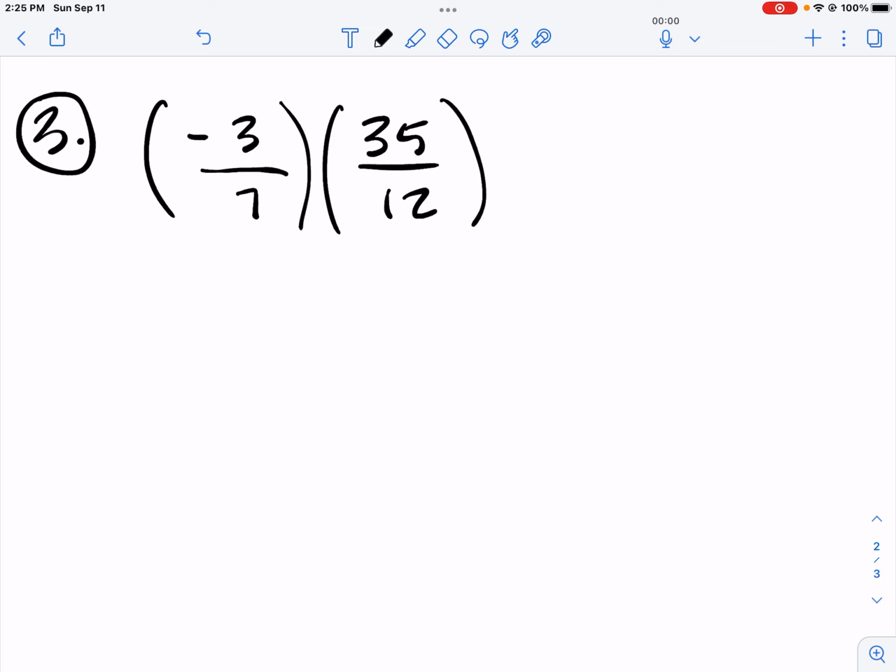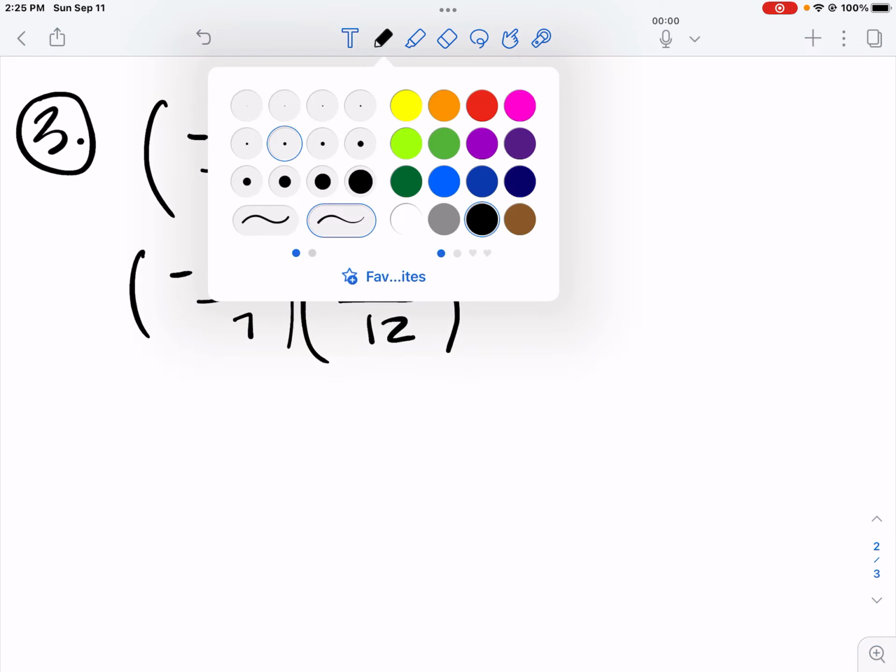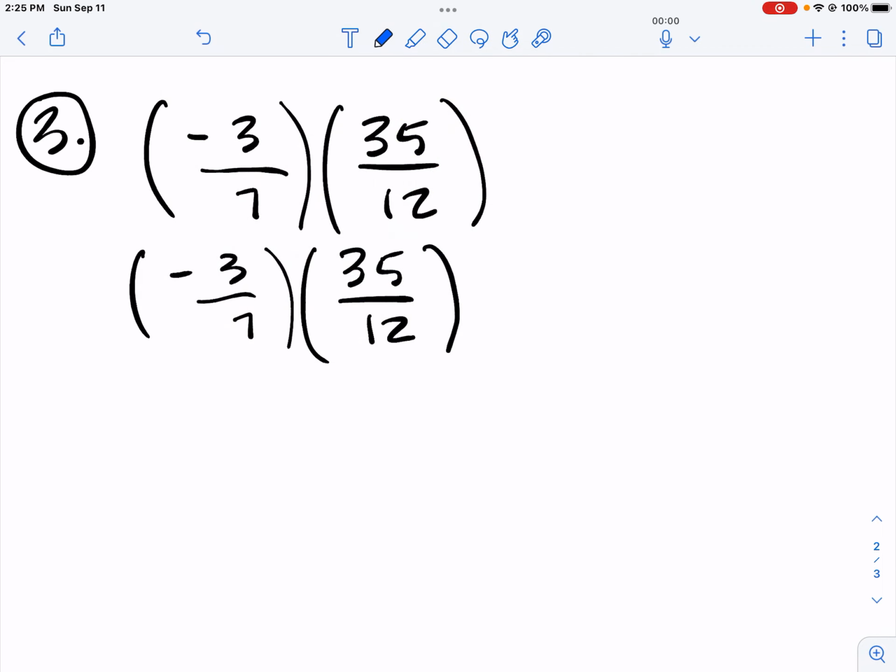Okay, let's do cross multiplication. 7 divides into 7 one time. 7 divides into 35 5 times.